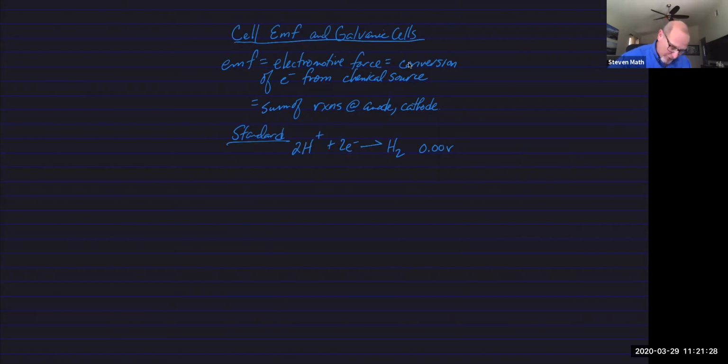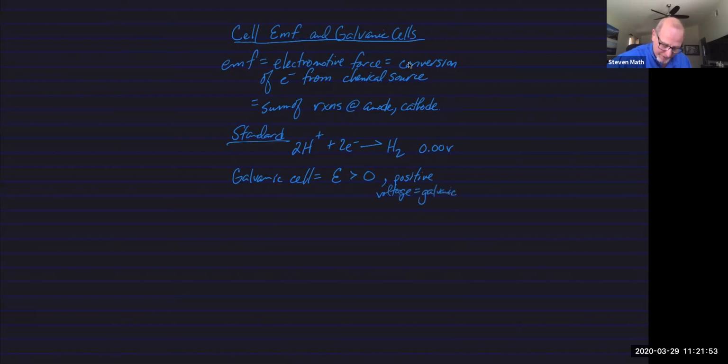So remember, in a galvanic cell we're looking for an E that is greater than zero. Simply put, positive voltage is galvanic.